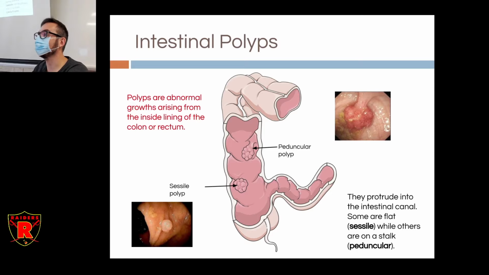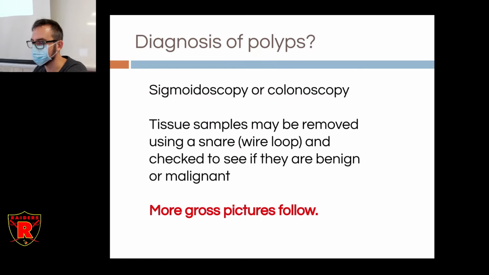So the one thing about polyps is that if you do have them, you need to remove them. Because if they're just hanging out, poking into your large intestine, eventually they can become cancerous. So over time, they tend to become more and more mutated, the cells in them, and eventually they can become cancerous. So you diagnose this with a sigmoidoscopy or a colonoscopy.